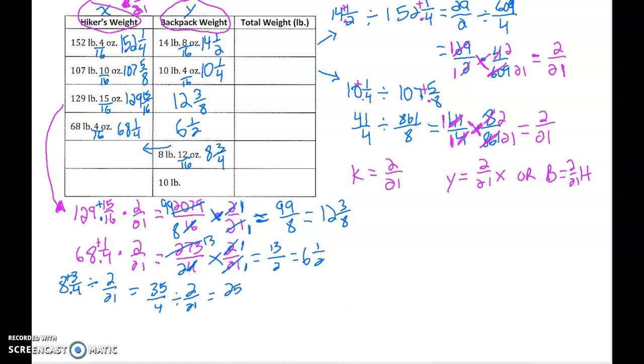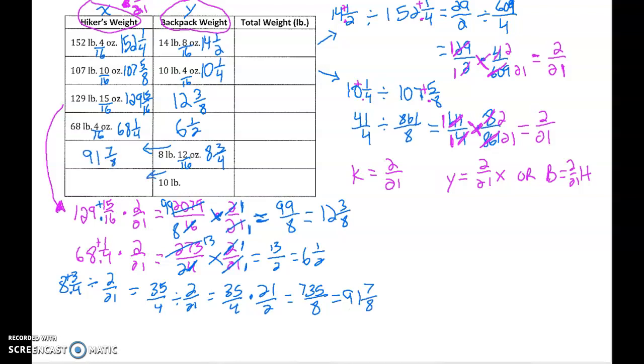Keep it, switch it, flip it. Cross reduce. And actually in this one, I don't think we can do any cross reducing. So if you multiply straight across, 35 times 21 is 735 over 4 times 2, which is 8. And 8 goes into 735 91 times, and then there's 7 of the 8 left over.